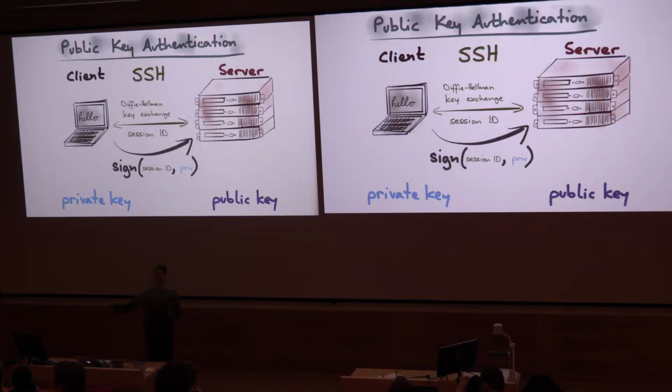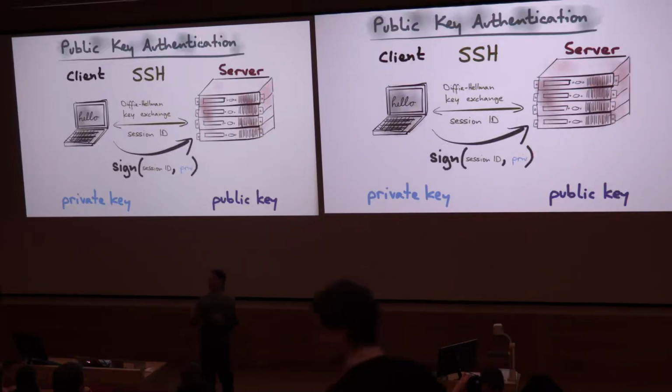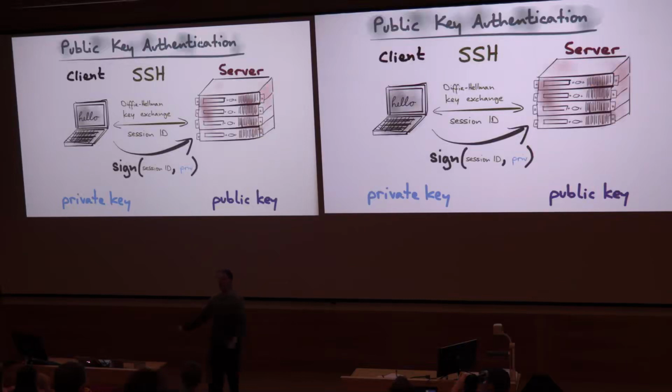The server already knows your public key, so it can verify the signature. It can check that this is a valid signature for the private key, and thus you prove ownership of your private key without ever giving the private key to anyone. Lots of people use this every day without thinking about it, but this is essentially what's going on if you log into a server.